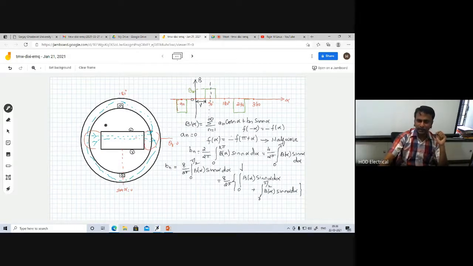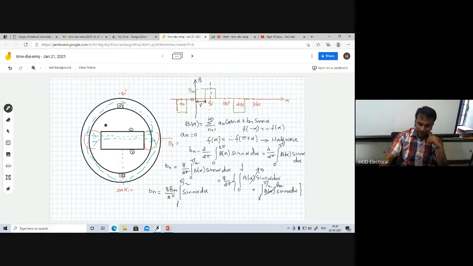So b of alpha in the first region is 0. So we have Bn equal to 8 by 2 pi into integral gamma to pi by 2, where the value of b of alpha is nothing but the maximum magnetic flux density. Therefore, I am writing b of alpha as maximum Bm, times sine n alpha into d alpha.